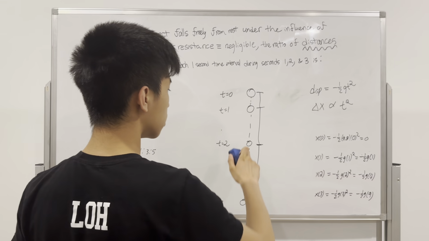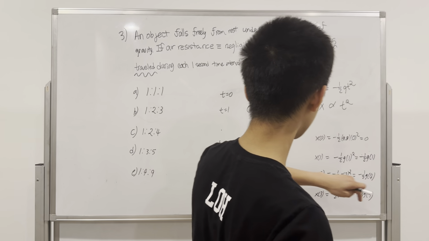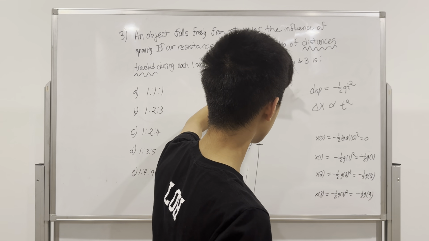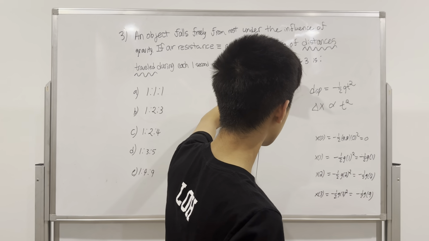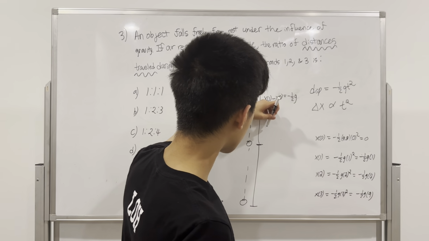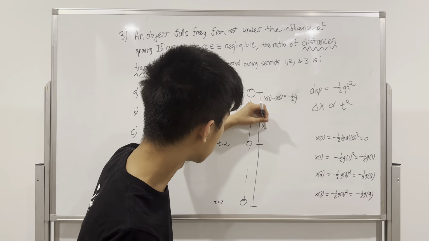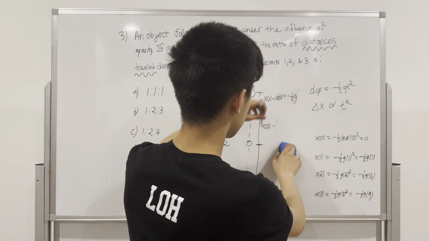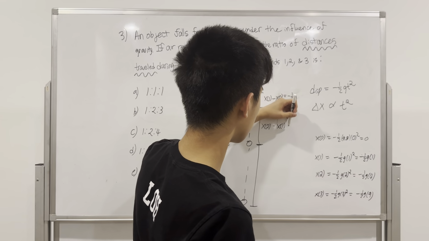So here, from 1 to 0, you're comparing x of 1 minus x of 0. That would be negative 1/2 g. Here, you have x of 2 minus x of 1. I should have put a better variable like y.